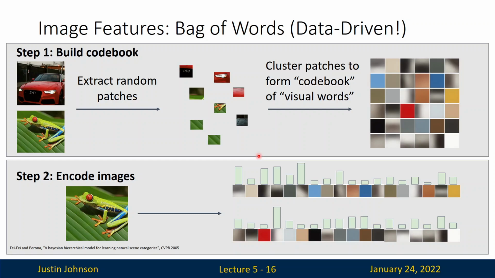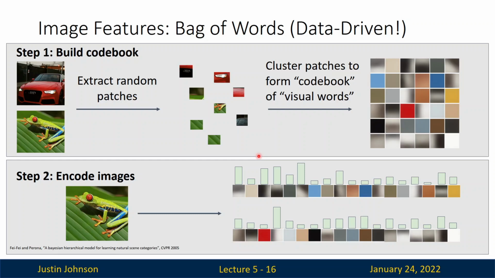Here, what you see is bag of visual words, and the idea of bag of words was developed from text retrieval. If you have a lot of documents, a document consists of many paragraphs, and many paragraphs consist of many words. So how do I know two documents are similar?